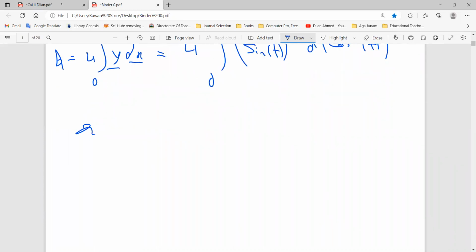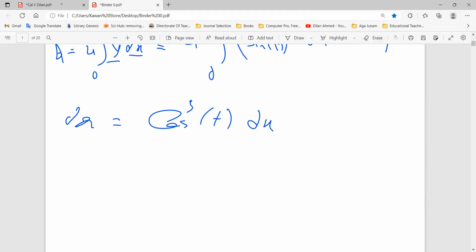For example, if x is equal to cosine to power 3 of t, now I am going to find dx by dt. Shall I repeat that step again? Look, x as a function is equal to that one.